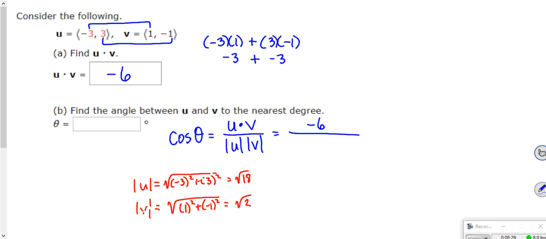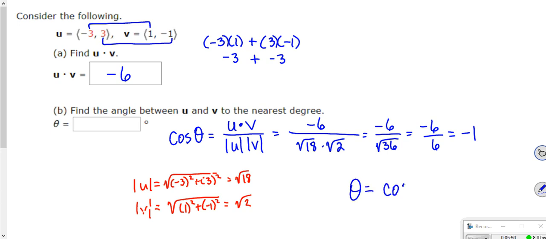So now back up to our formula. This is root 18 times root 2, so negative 6 over square root 36. It's negative 6 over 6, negative 1. So then theta is the inverse cosine of negative 1, which is 180 degrees.